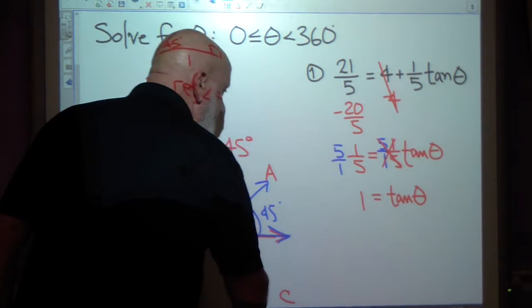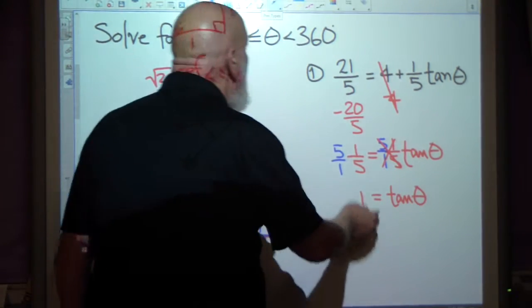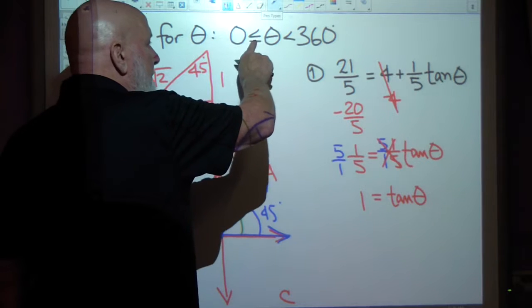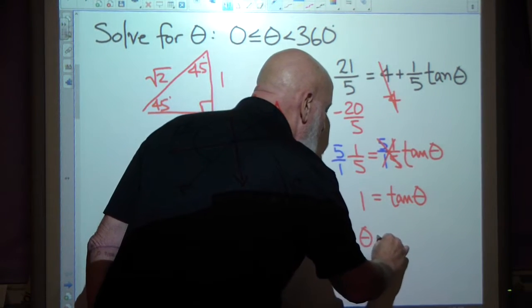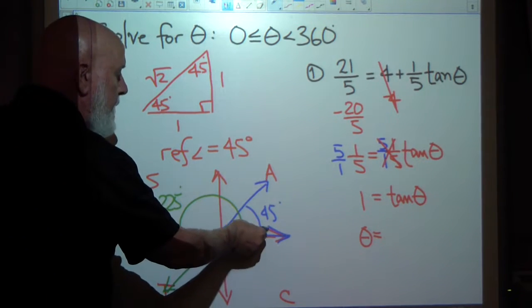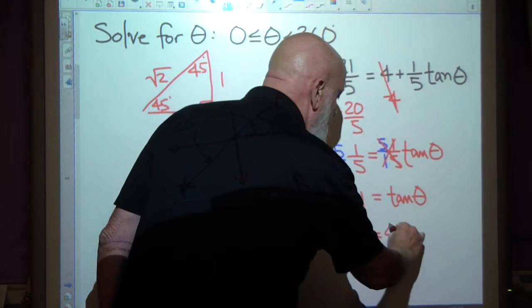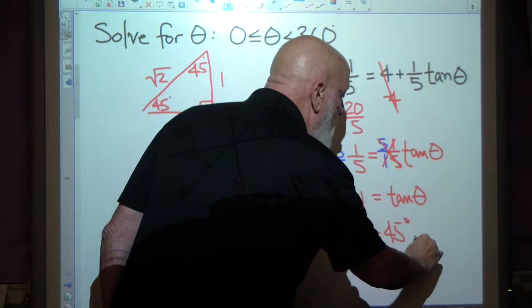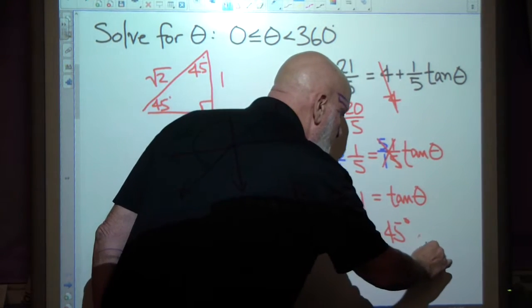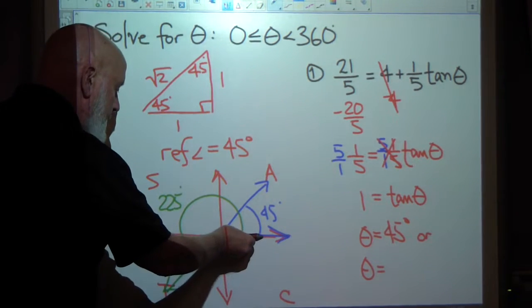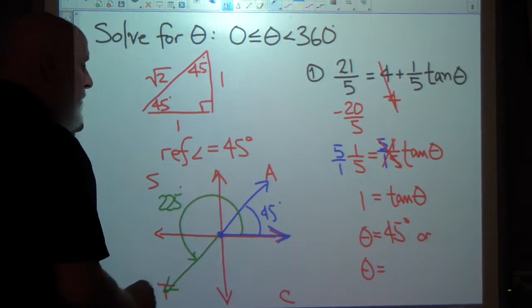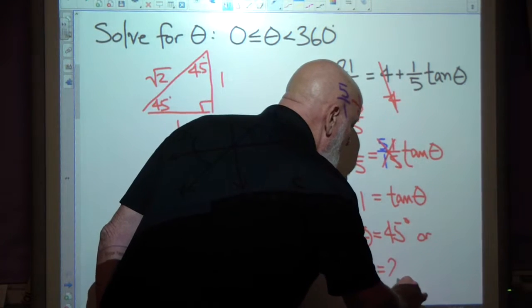So if tangent is 1, and I'm limited to 0 less than or equal to theta, which is less than 360 degrees, then theta could be either a rotation of 45 degrees or a rotation of 225 degrees. This should ring a bell.